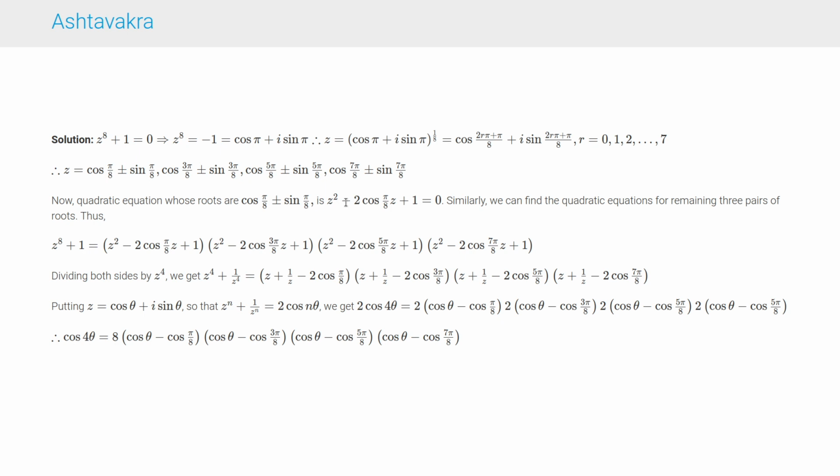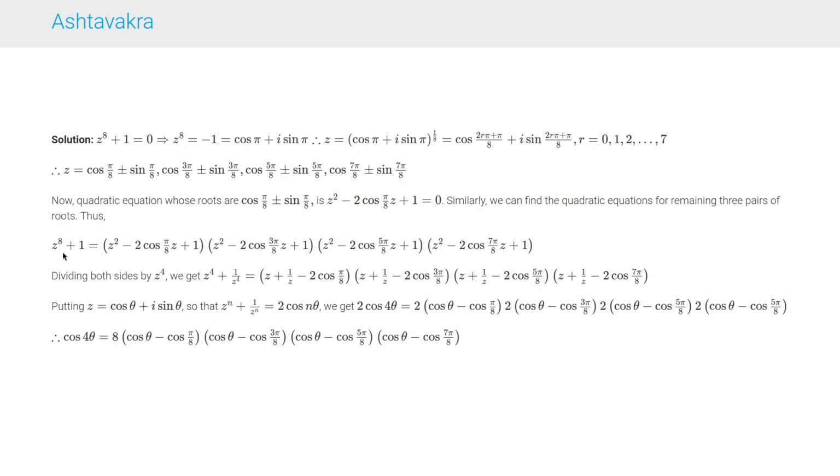That would be z square minus 2 cos pi by 8 z plus 1 is equal to 0, because these are conjugates. So z z bar is equal to mod z square. So modulus is 1. So alpha beta would be 1. So similarly, for other values of these, we can find the quadratic equation.